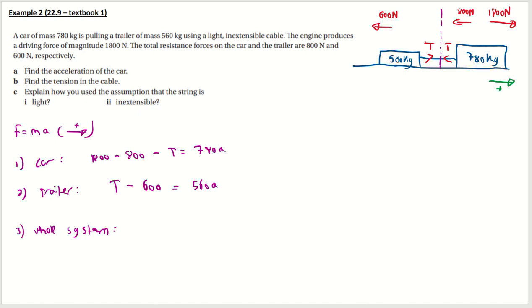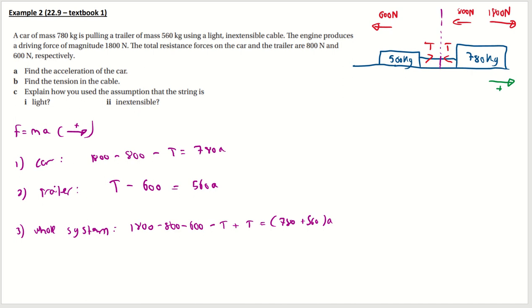And then the whole system, which can be gained by combining these two equations or just looking back at the diagram, is 1800, take away 800, take away 600, take away T plus T, equals the combined 780 plus 560, times a.